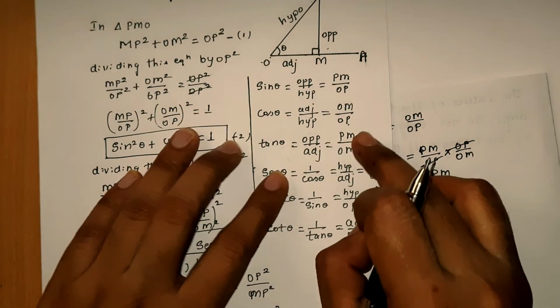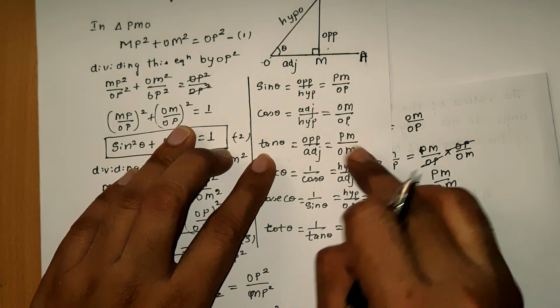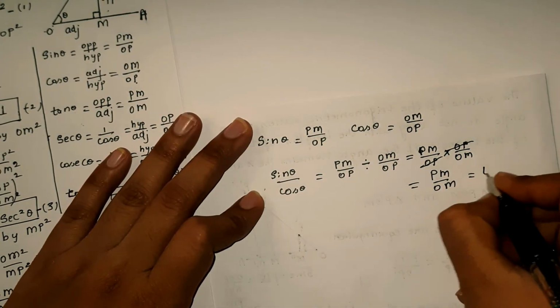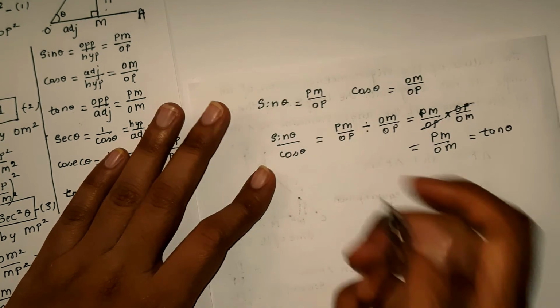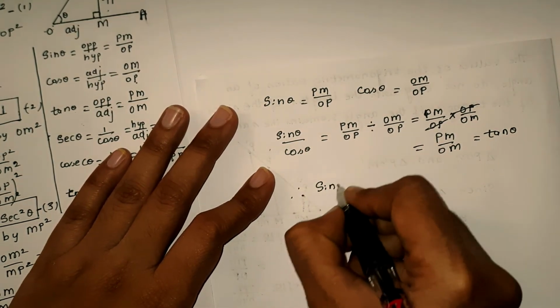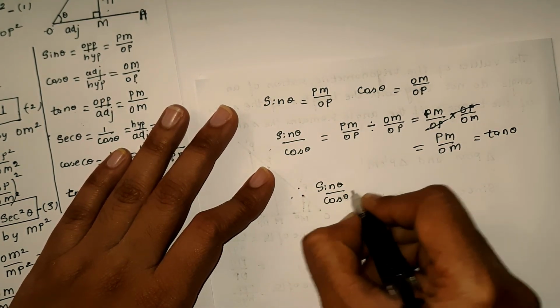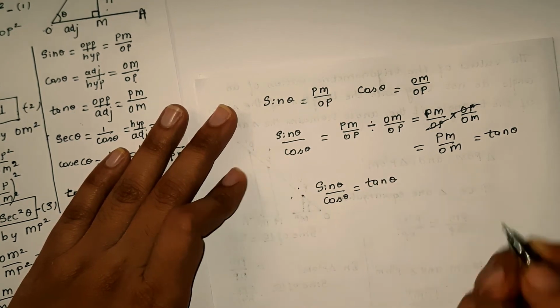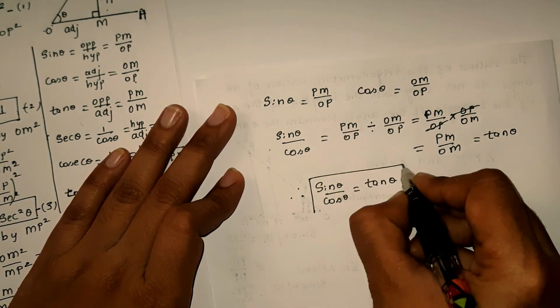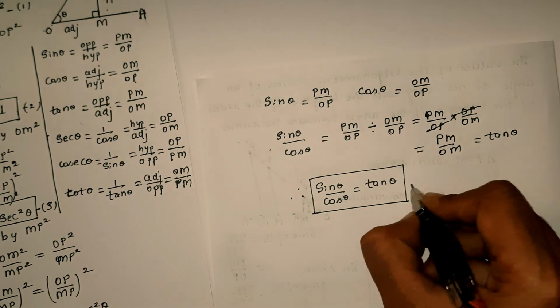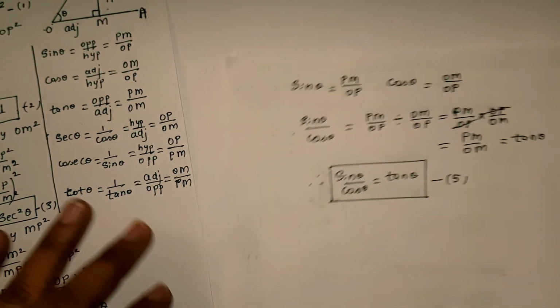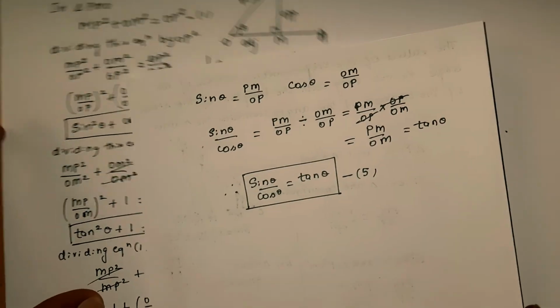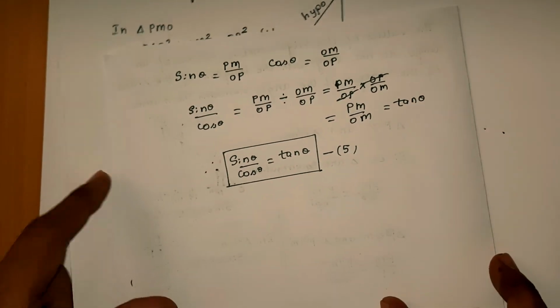So we have derived here PM by OM is what? Tan theta. So therefore sin theta by cos theta is what? Tan theta. So this is another relation between trigonometric ratios.